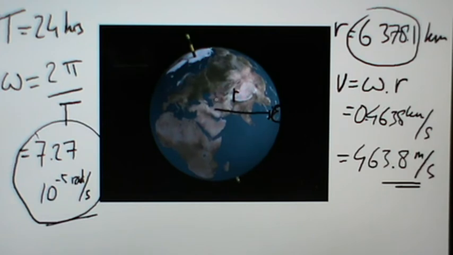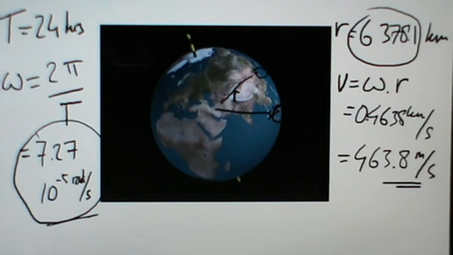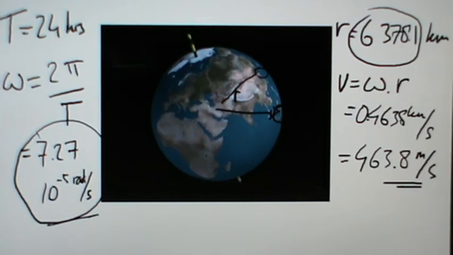And if you have a friend who is standing at another location on the Earth, he will have a different value of the velocity v.